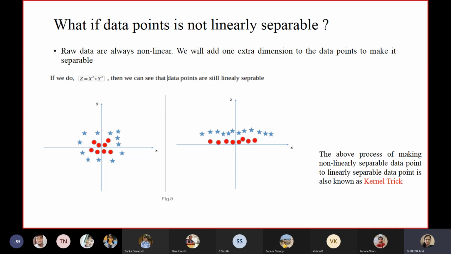We add one extra dimension to the data points to make them linearly separable. So the process of making non-linearly separable data points into linearly separable data points is called the kernel trick or kernelling. Basically, it is used for data visualization. Okay.